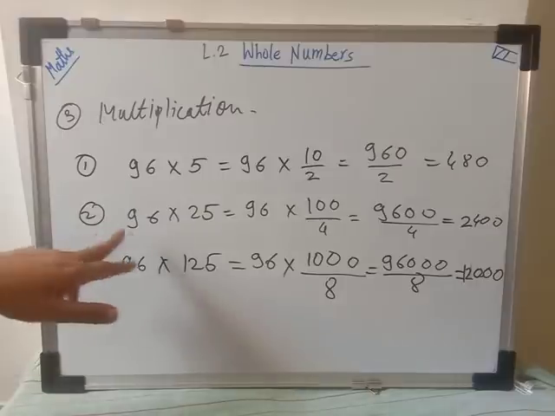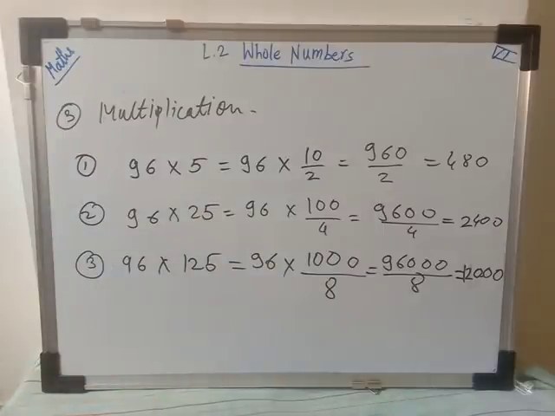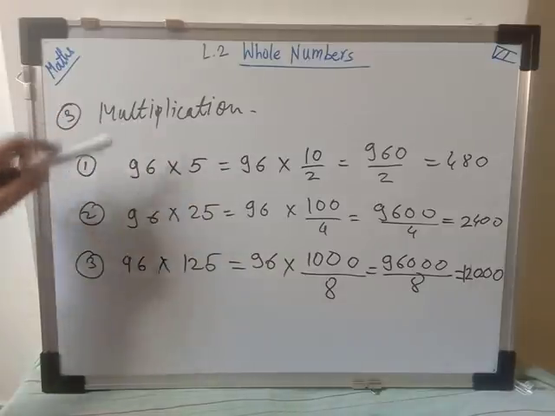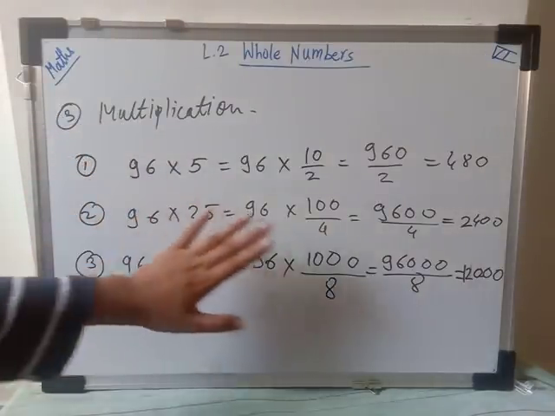Here again 96 and 25. They have used multiples of 5. So this is one similarity. 96 is the common number everywhere.